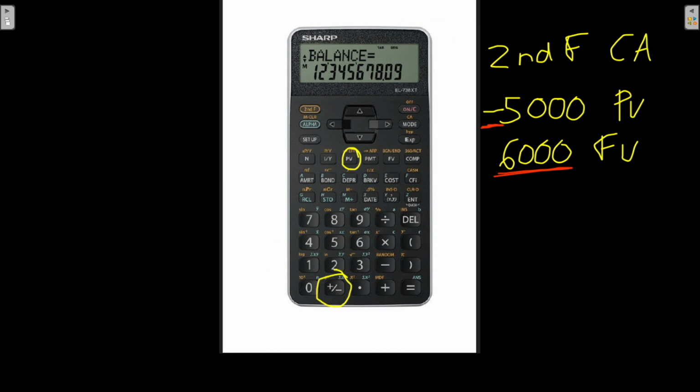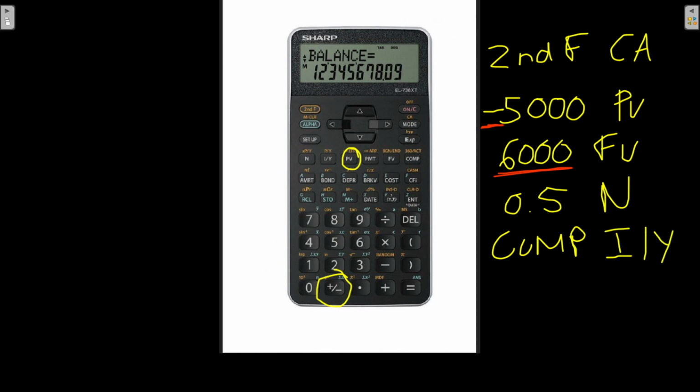Okay, and then we also have our N, that was 0.5 N. And if you then type compute and interest rate per year, then your answer is equal to 44. Now, this interest rate per year is given as a percentage. So the answer will be 44, meaning that it's 44%.